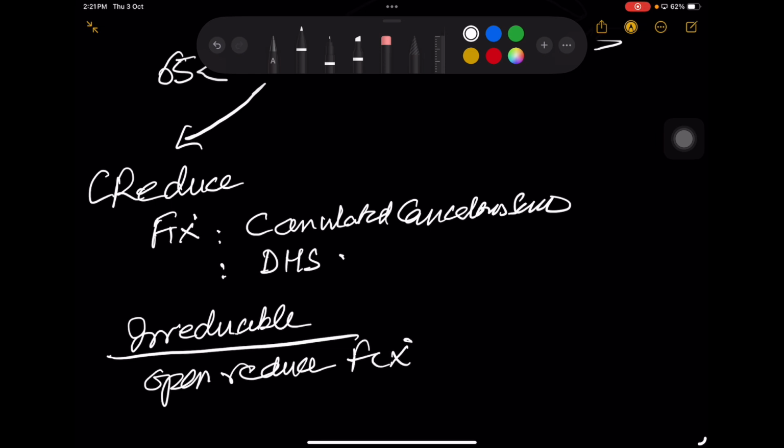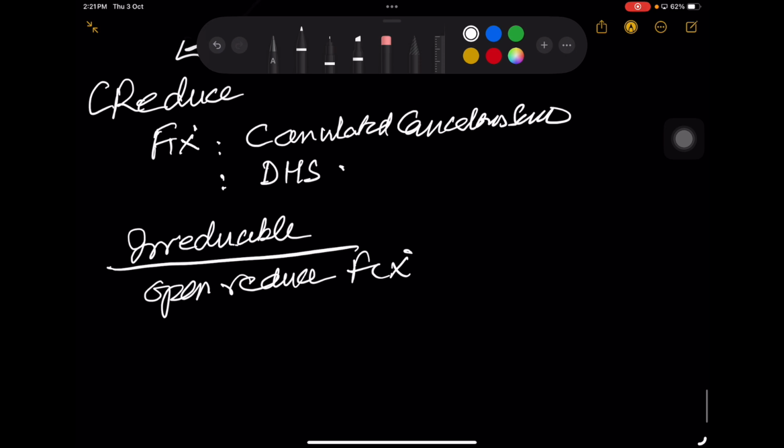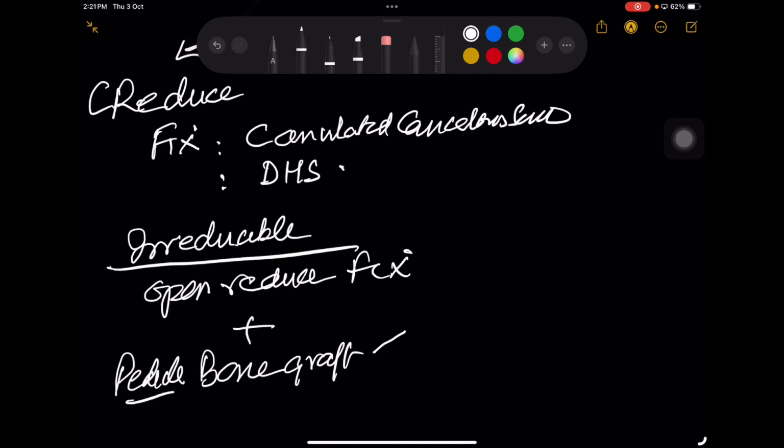But whenever you open reduce, you always add bone graft. Now, the bone graft is a pedicle bone graft. Why pedicle? Because it is based on muscle insertion.